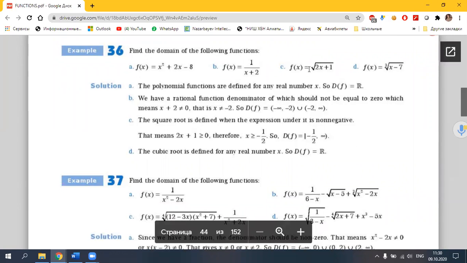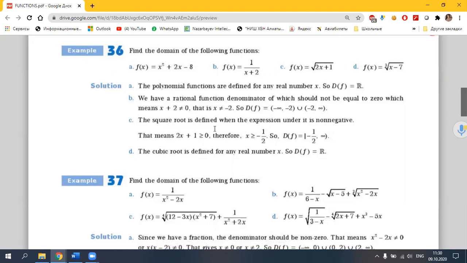C, f of x equal to square root түбір асты 2x plus 1. The square root is defined when the expression under it is non-negative. Non-negative, теріс болмау керек. Сондықтан 2x plus 1 greater than or equal 0.